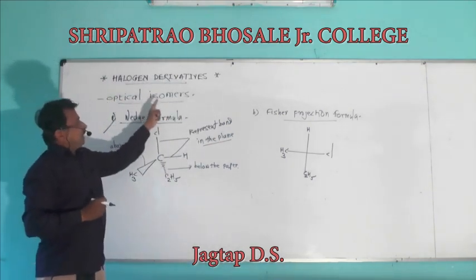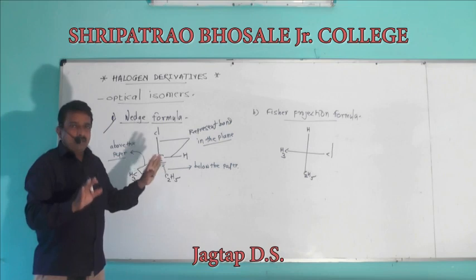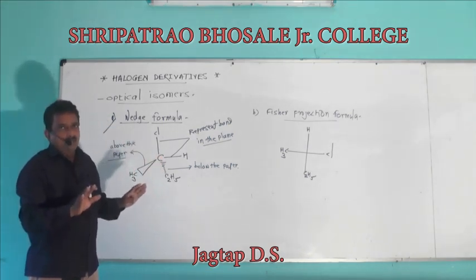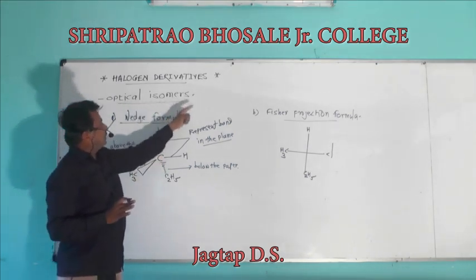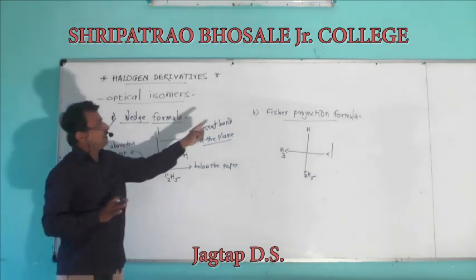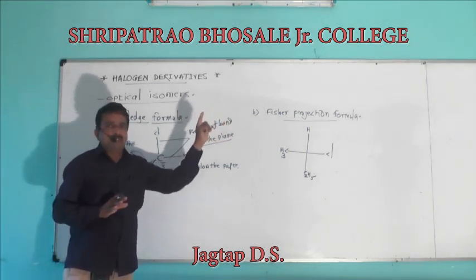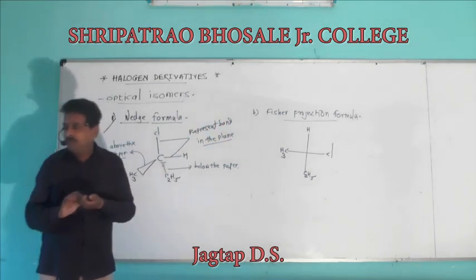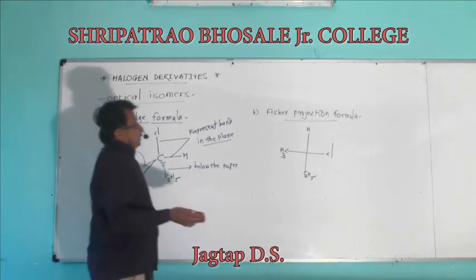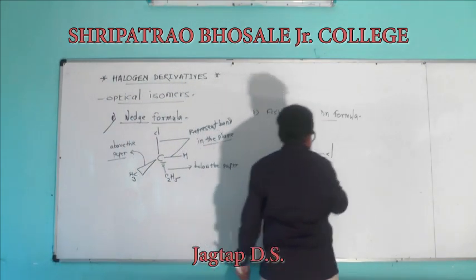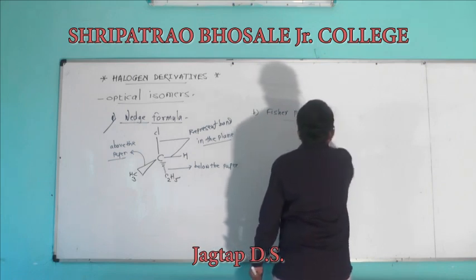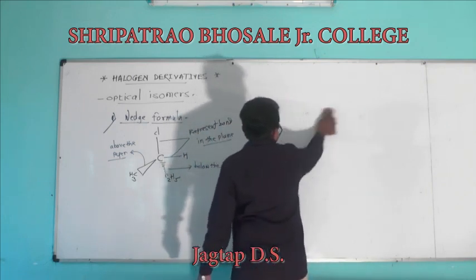The optical isomers can be shown by the Wedge formula as well as Fischer projection formula. Then the next point is optical activity of compound.